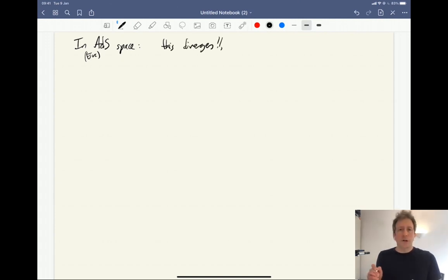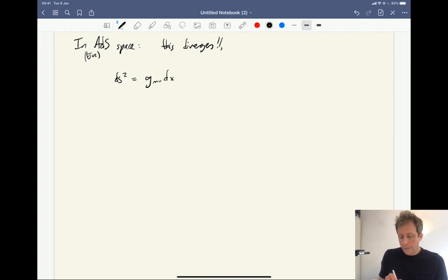The action diverges. So that's a bit awkward. But actually, if you think about a CFT and you calculate its partition function, it's also divergent, and you have to renormalize it. And so in exactly the same way, you have to renormalize the gravitational action in AdS. How do we do that? Well, we regulate it, and then we add counterterms and remove the regulator.